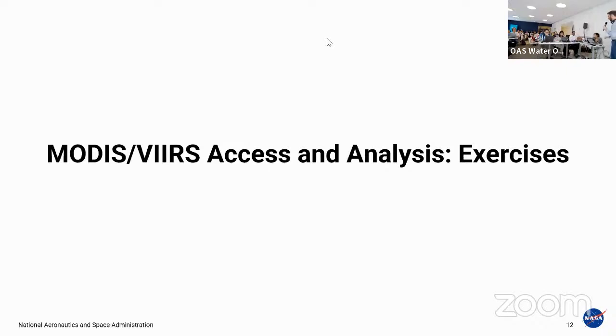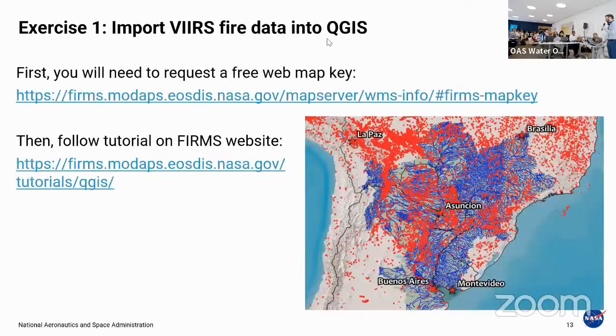Okay. I have two exercises here that we want to try to make time for. One is we're going to import FIRMS VIIRS data into QGIS to visualize it. The first thing you need to do, does everyone have this presentation open on their machines? Yeah, okay. So the first thing you'll need to do is go to this first link.